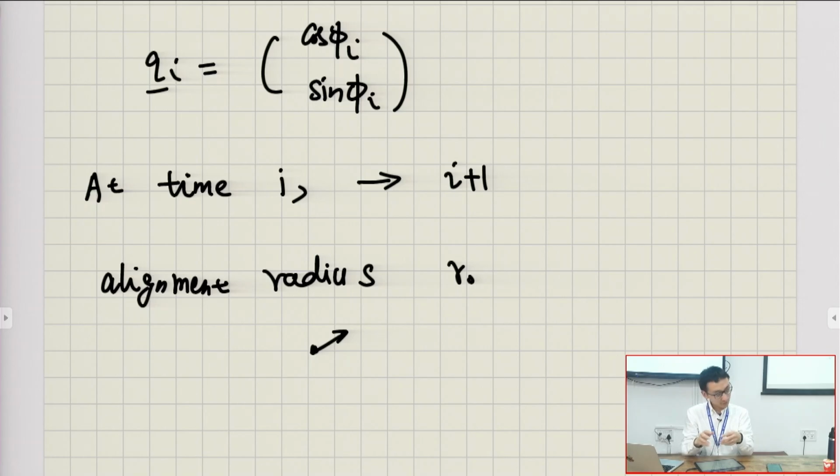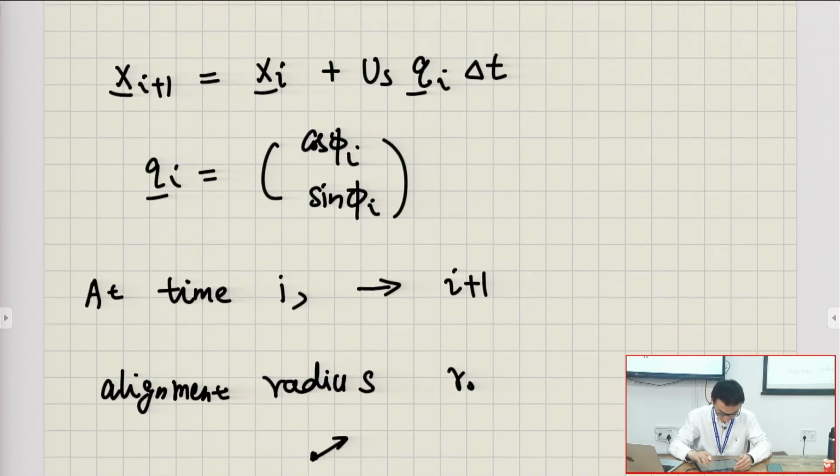So you first figure out all the neighbors near you in this circle, add up the orientation vectors of all of these, and divide by the number of particles in the neighborhood. That's the average, and that is your average vector that you will follow. But then you want to get back the angle from that, because you're evolving the angle. To get the angle back from a vector, you take the inverse tangent of q_y over q_x, okay?